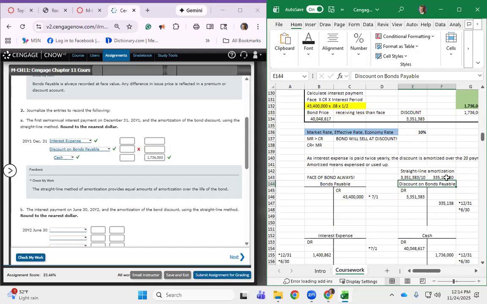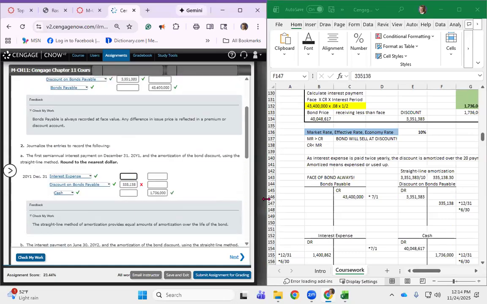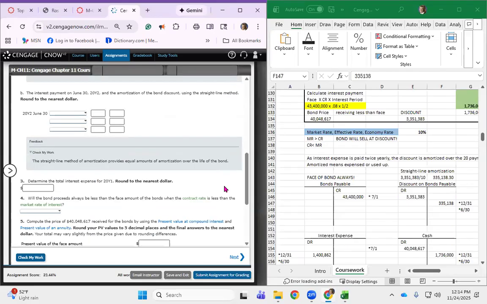I rounded down, which is 335,138. So let me put this in. Maybe I keyed it in wrong. Who knows? 335,138. It still doesn't like it.